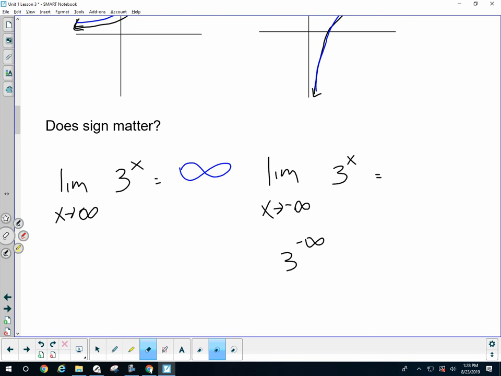Now, this leads us into understanding what 1 over a very large number is. Remember a rule of exponents, a negative exponent is the same as 1 over the number to the positive exponent? Well, we should start thinking about a number, any number, divided by infinity.